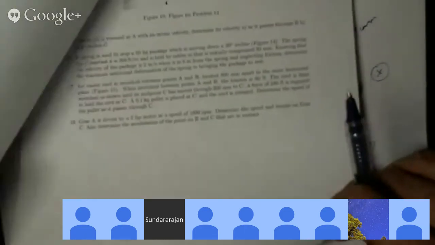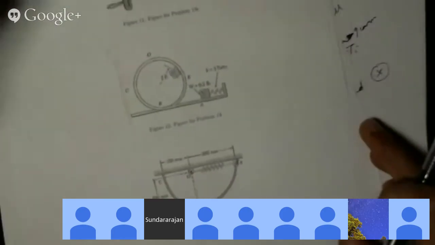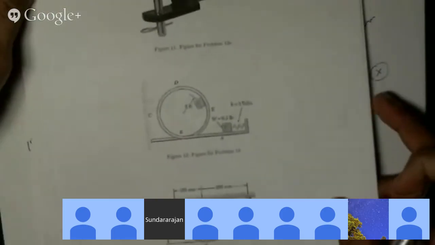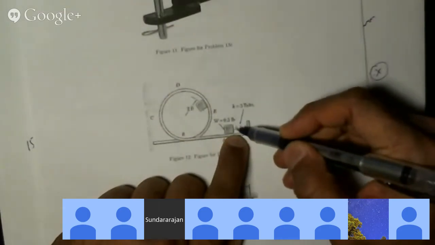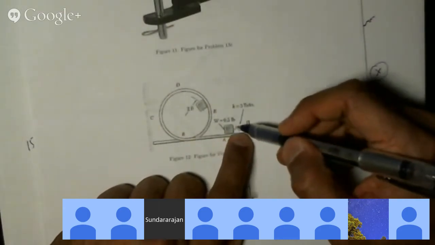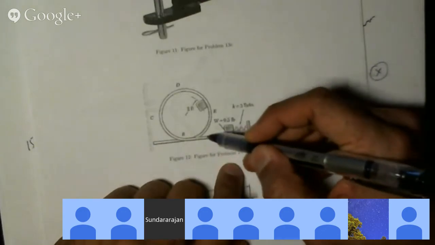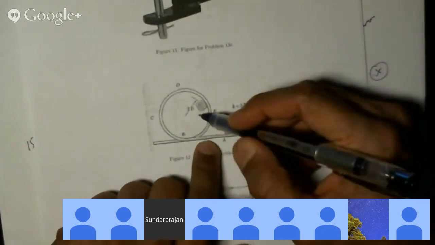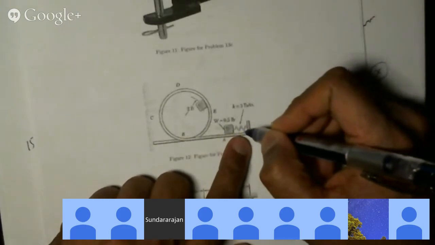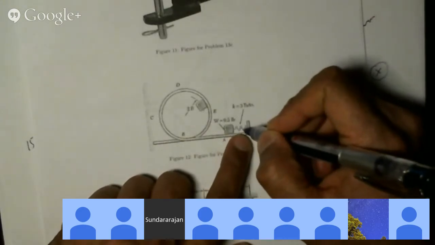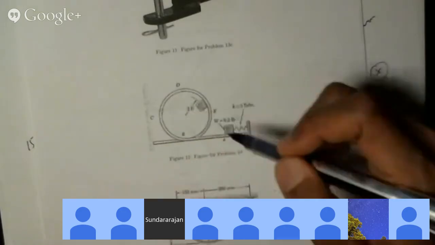Let me show you the picture. There is a 0.5 pound block, and it's first compressed against a spring and then let go. It goes up the loop and down. And the question is, how much should the compression be? What's the minimum compression by which this should be compressed so that it doesn't lose contact anywhere?